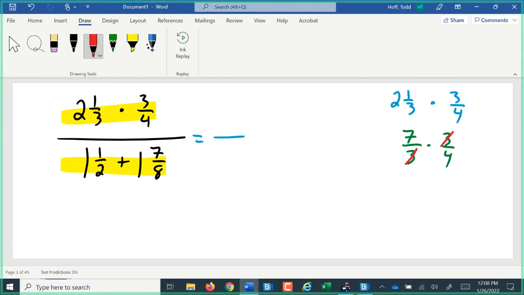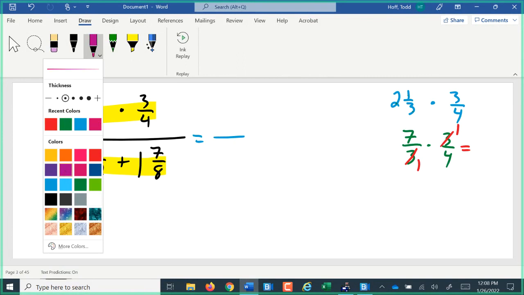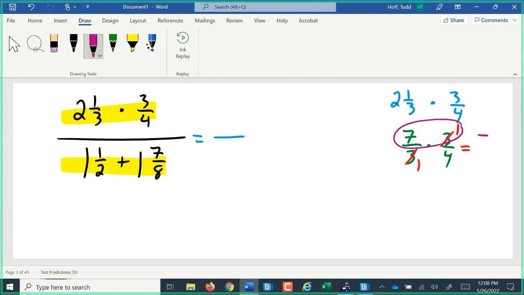Both divided by 3. 3 divided by 3 is 1 in both cases. Then we multiply. 7 times 1 is 7. Times 4 is 4. That is 7/4. Now, if this were the end of the problem, I would reduce that down to a mixed number of 1 3/4. But I know there's another step coming, so I'm going to leave it as 7/4 for now.